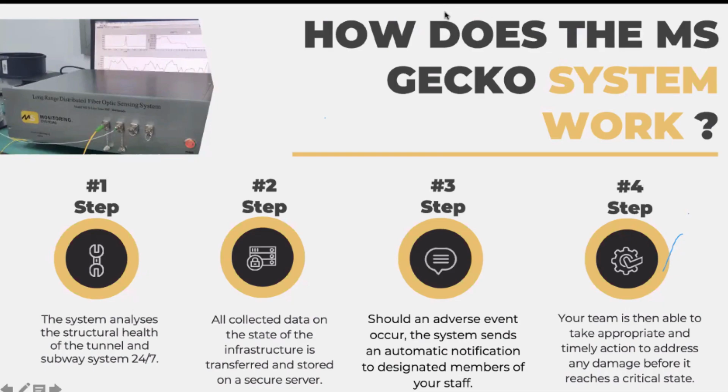And then the last step is giving instructions to the responsible personnel to take timely actions, go and investigate that problematic location further, and see what measures need to be taken in order to fix those issues. All right, so let's jump to the next slide.